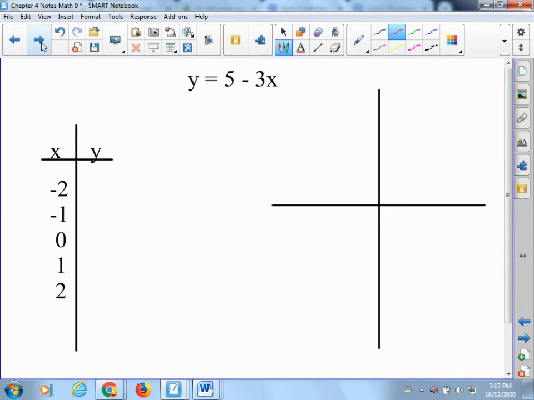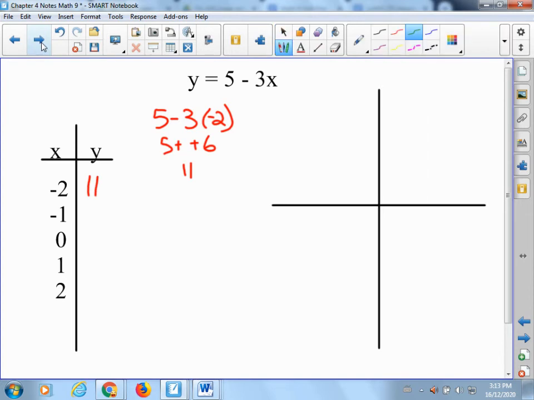So I'm going to say 5 minus 3 times negative 2. So 3 times negative 2 is negative 6. And 5 minus negative 6 becomes plus, becomes 11. So y is equal to 11.